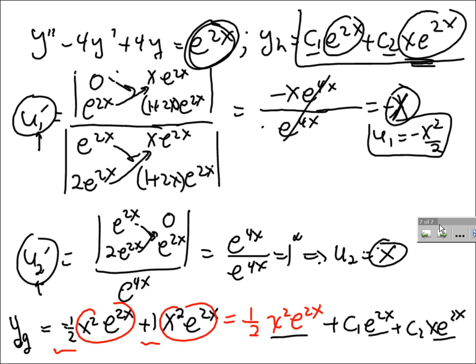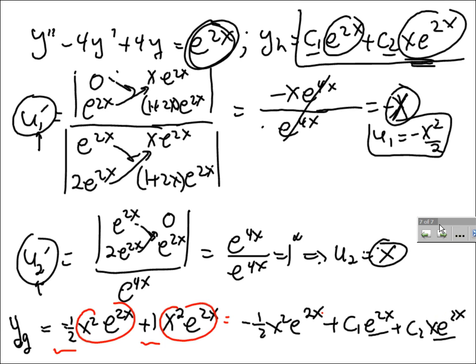If they were, for example, if that over here was x squared, I would say that we don't need that. But we most certainly do. It's a half x squared e to the 2x, and there's no x squared up here.